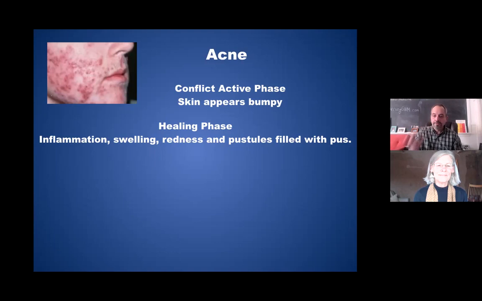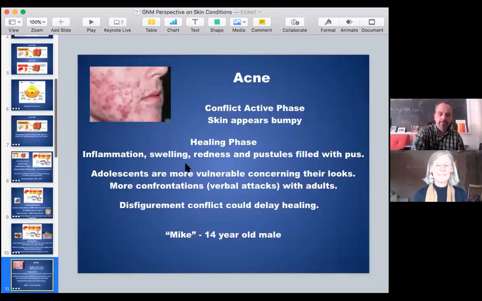And they activate this attack conflict, and they develop these lesions on the face. And then they start seeing this in their mirror. And because particularly adolescents early on are very concerned with their appearance, right?